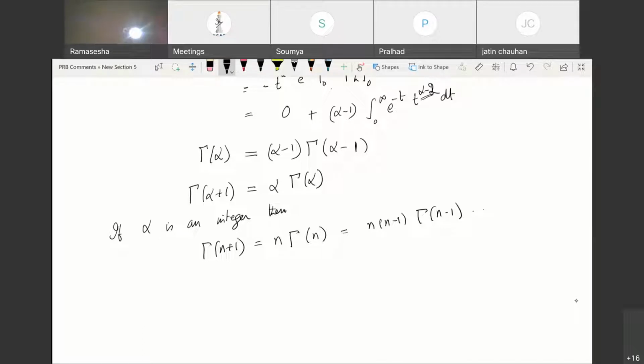So this is equal to n into n minus 1 into n minus 2 etc. into 2 into 1 into gamma 1. Okay. And what is gamma 1? Gamma 1 is integral 0 to infinity of e to the minus t, e to the power 0, because it has to be t to the power 1 minus.